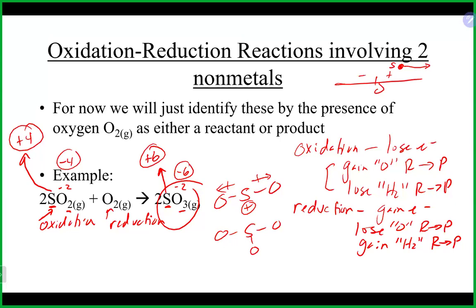It has a -2 charge for some other reasons, but because of the way that they're sharing electrons, the oxygens and also the sulfur take on what is known as a formal charge.